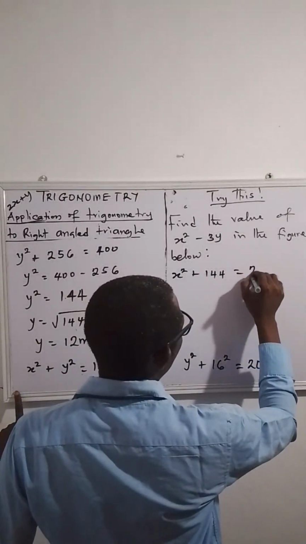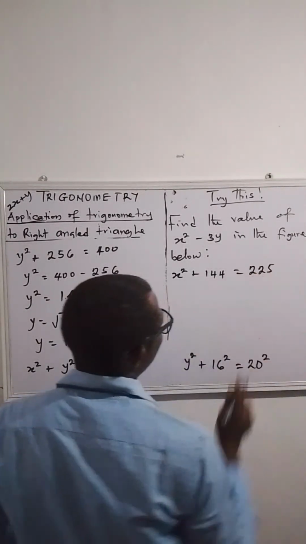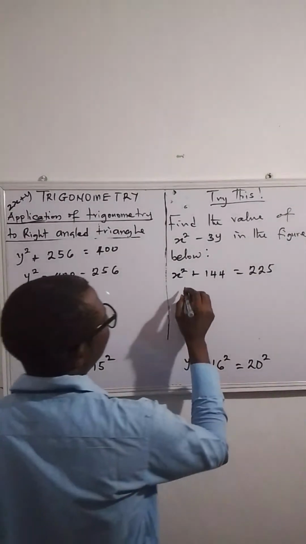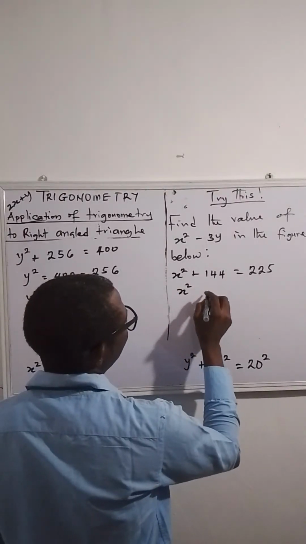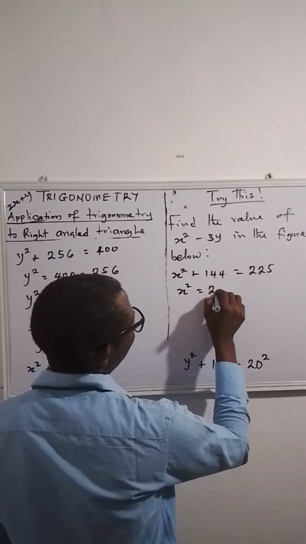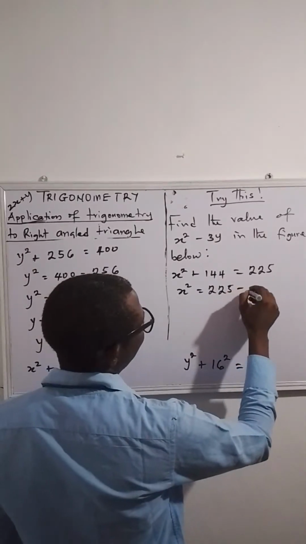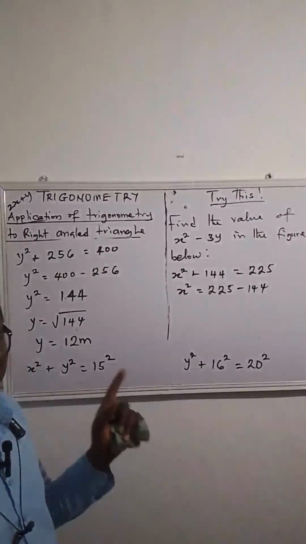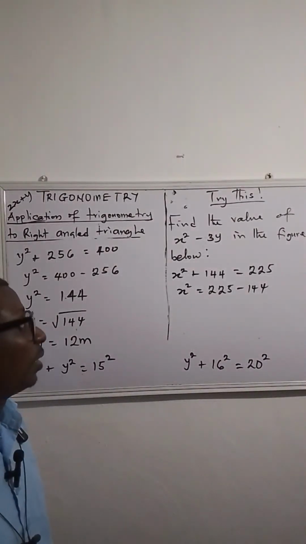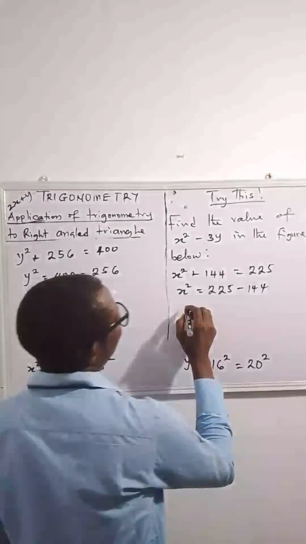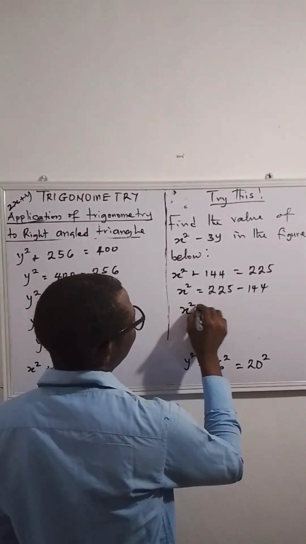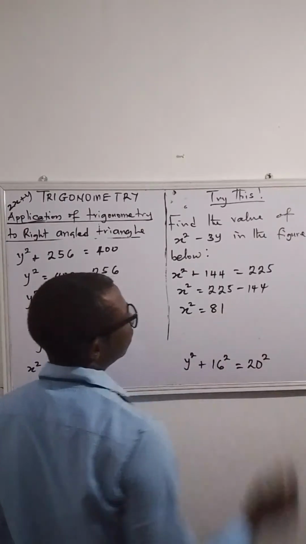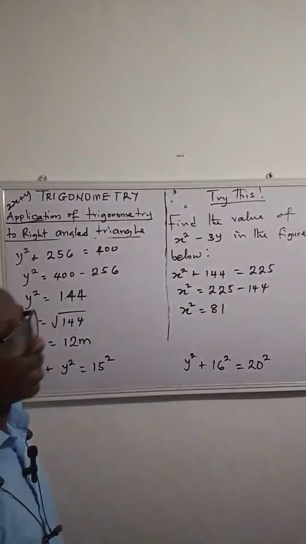What is 15 squared? 225. So we now have x squared equals 225 minus 144. I want to believe everybody is flowing with me. All right, so now we have x squared equals 81. Okay, that is 81.